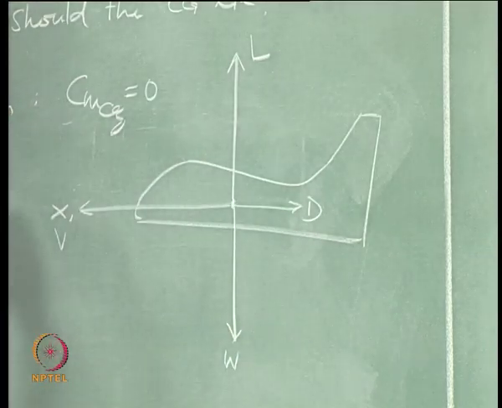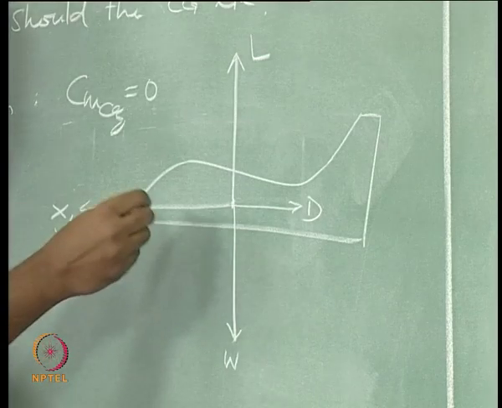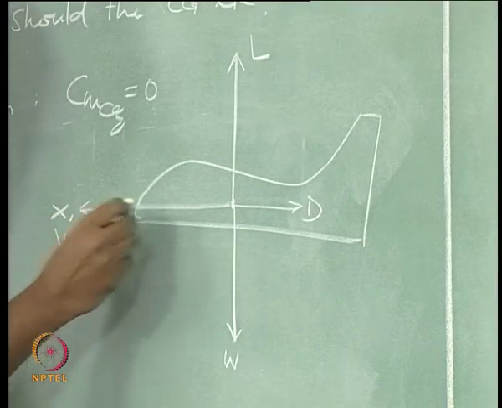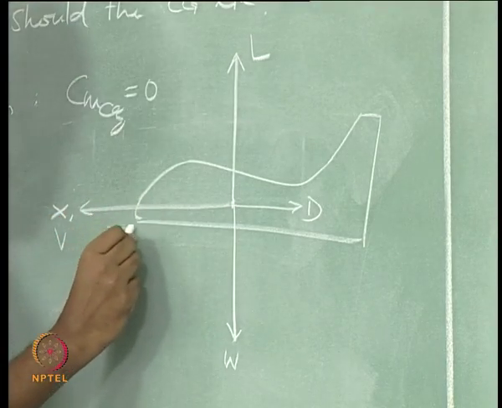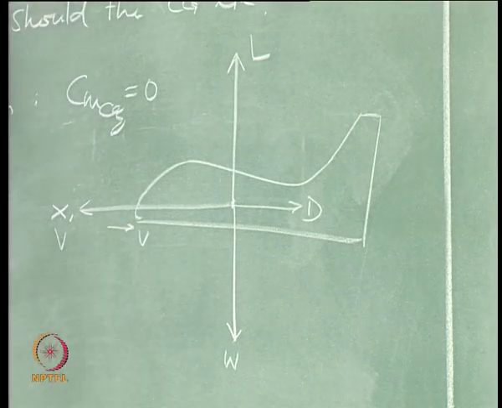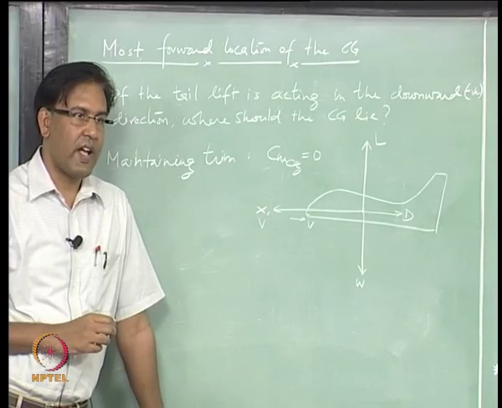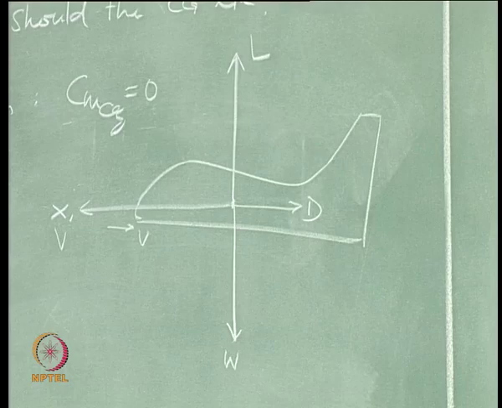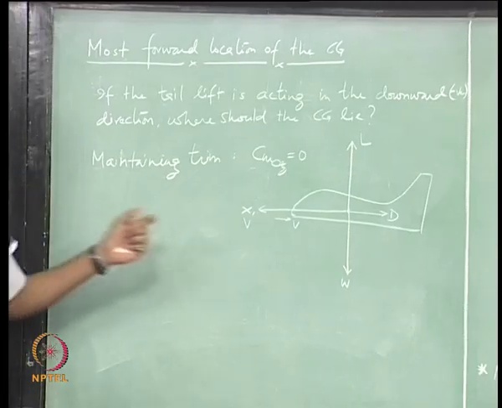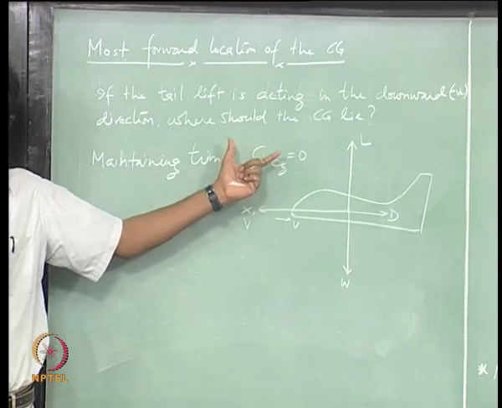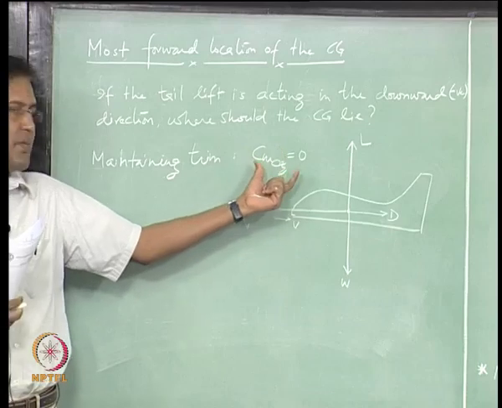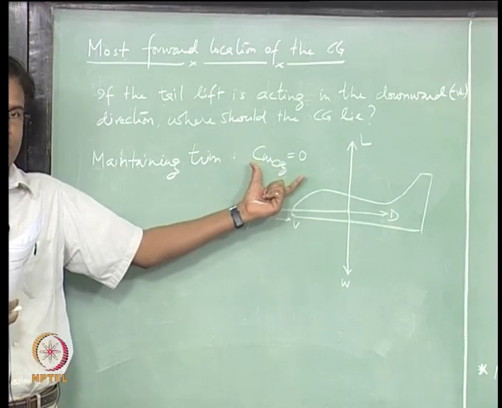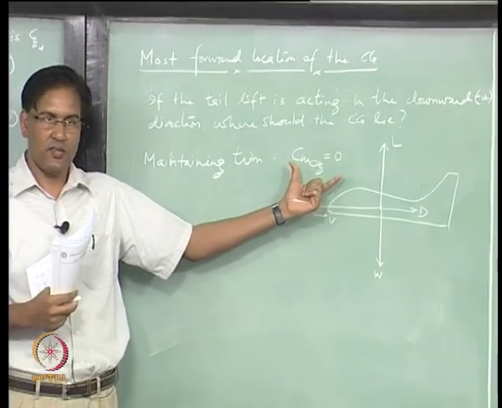So, the aircraft is going in the forward direction, so relative velocity is V along the x axis. This is for the case when alpha, the angle of attack, is 0, and then to find a trim you not only have to balance out the forces, but also the moment, right. The expression for the moment I have written here, CM CG should be 0, right.